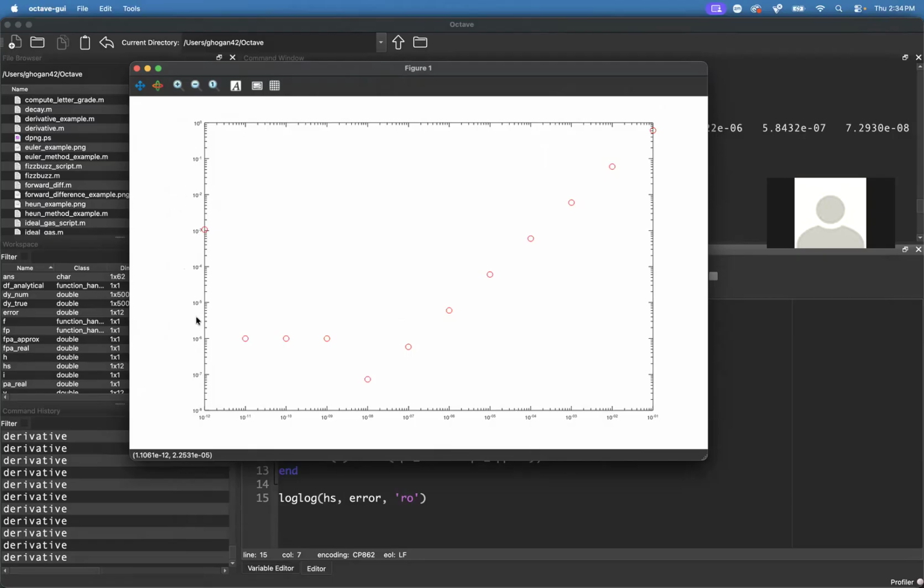So we have powers of 10 on the y-axis, but we also have powers of 10 on the x-axis. And so that allows us to see our values better because they're not just all bunched up at 0 now, right? Because if you think about it, 10 to the -12, 10 to the -11, 10 to the -10, 10 to the -9, etc. These are all basically 0. And so we had a whole bunch of overlapping circles when we had the other kind of plot.